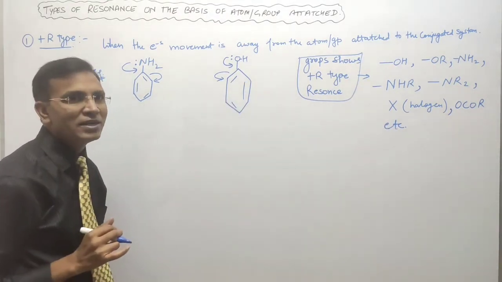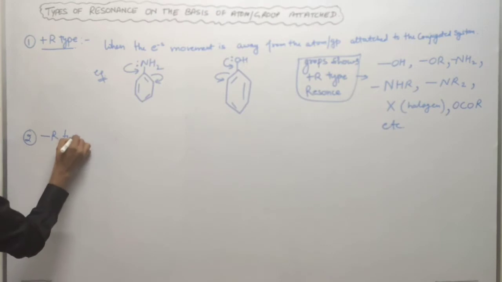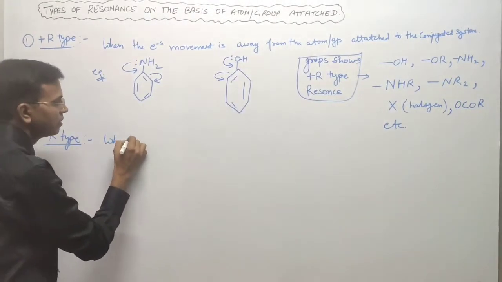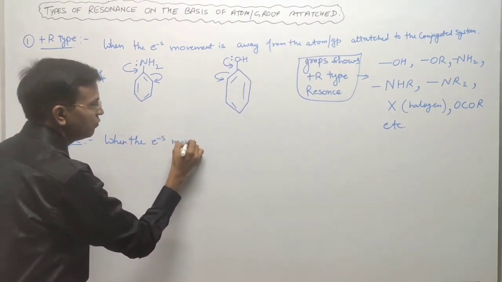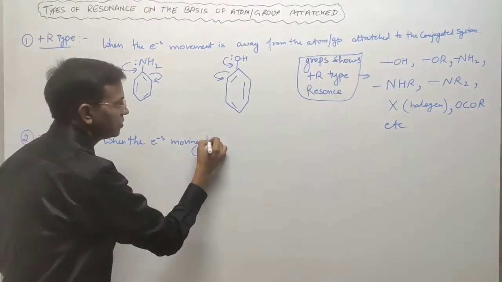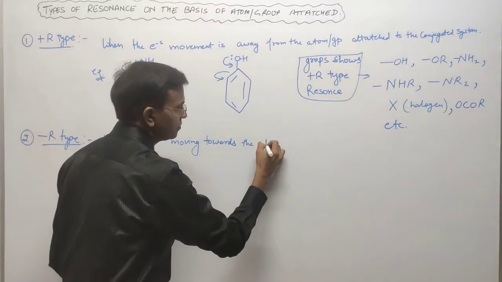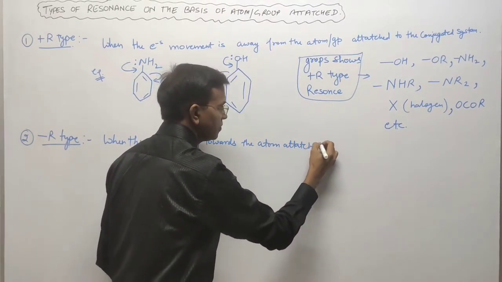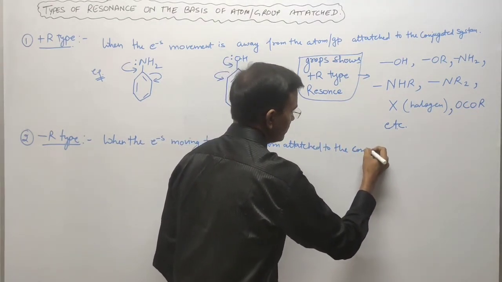Now come to minus R type. Minus R type: when the electrons move towards the atom attached to the conjugated system.